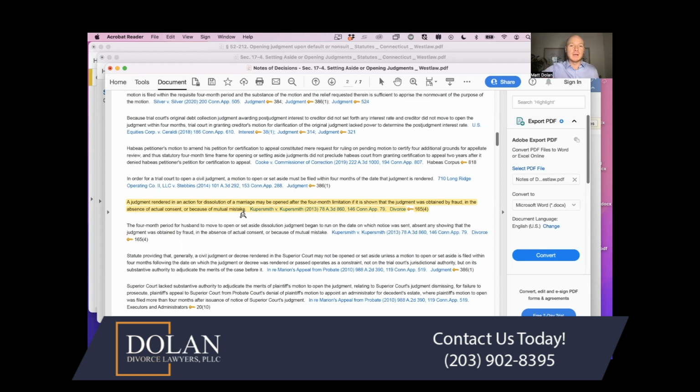Maybe it wasn't fraud because he didn't know. For some reason, he had no idea there was that extra million. But the two of you were under the impression that there was 500,000 when it was actually $1 million. So the two of you were mutually mistaken. Both of you were mistaken about that provision. Therefore, you can reopen the judgment and try to get a different result based on that mutual mistake.